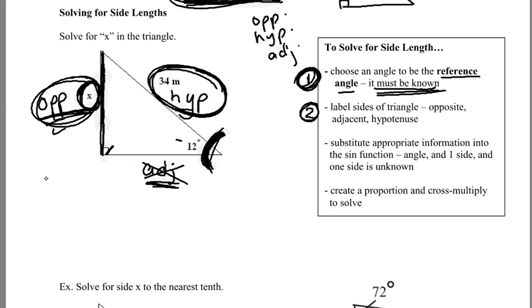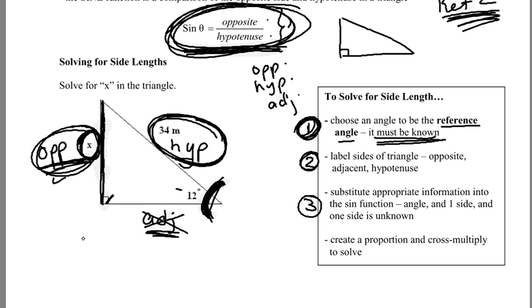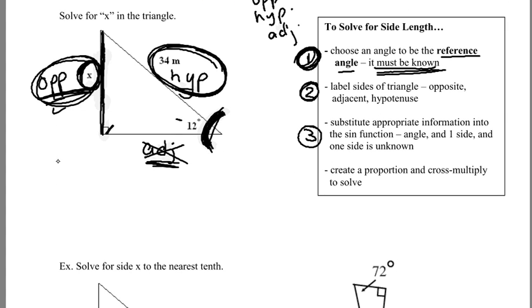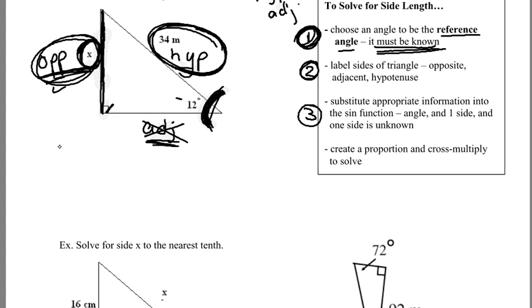So now we substitute the appropriate information into the sine function. Sine is opposite over hypotenuse. Theta is our reference angle. So we always want to start with sine theta is opposite over hypotenuse. What can I substitute in? Well, we know which angle we're using.